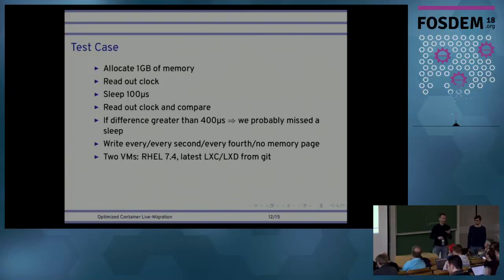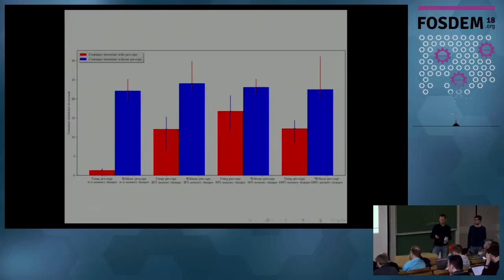It was using the latest LXD from Git, and that's where I come back to our results. The leftmost test case is where the memory doesn't change at all. You see, pre-copy migration is really good because we can do one dump while the container keeps on running and transfer the dump while the container keeps on running, and the actual downtime is really small because the delta we have to transfer is like, I don't know, a few Ks, because the memory doesn't change.